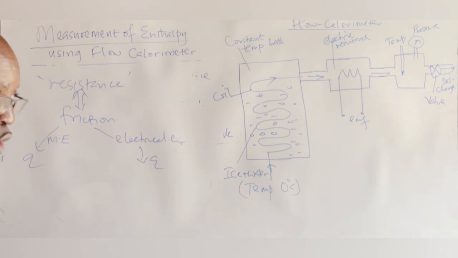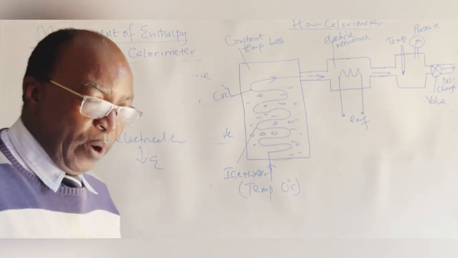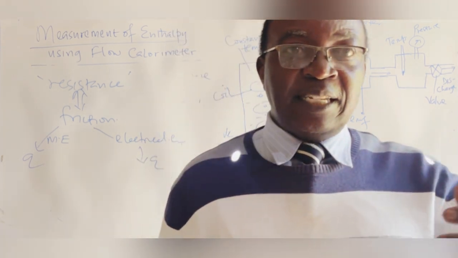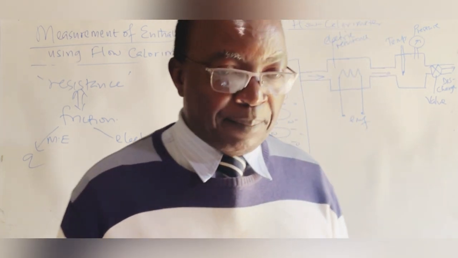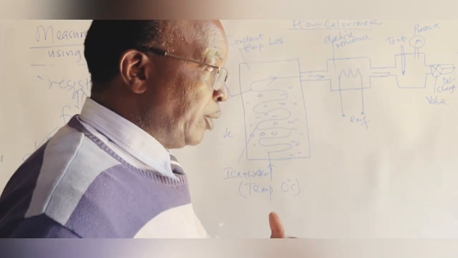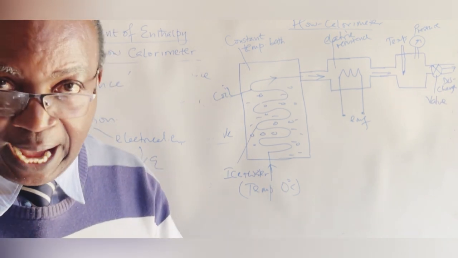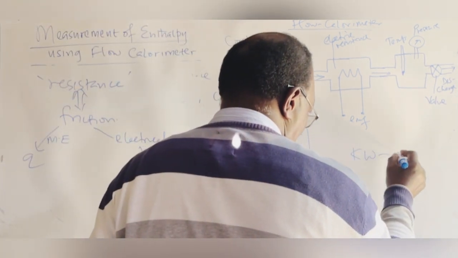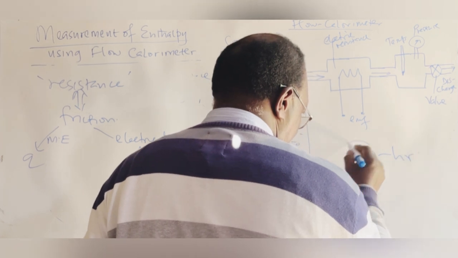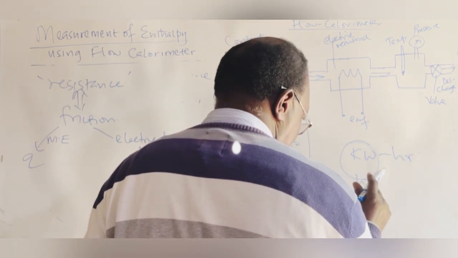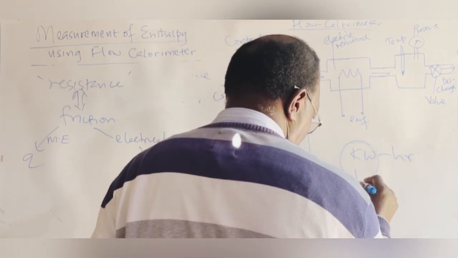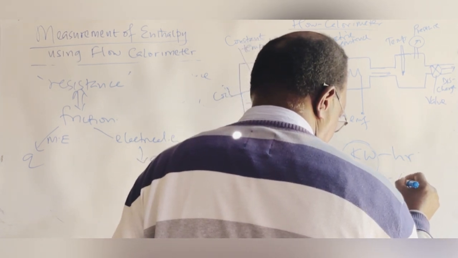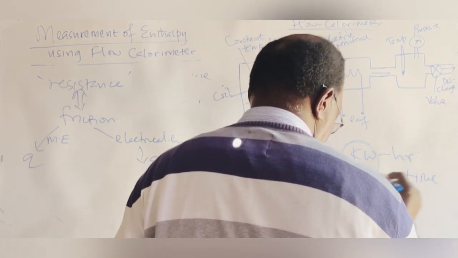Then we need to know a few things. When we talked in our earlier lectures about, for example, the specific steam consumption, we talked about consumption of steam per kilowatt hour. And we had mentioned there that for kilowatt hour, we are looking at watt, that is power, and hour, that is time, which gives you energy.